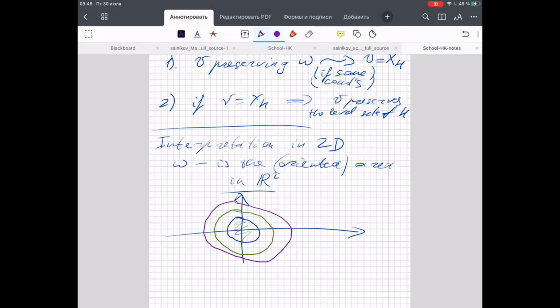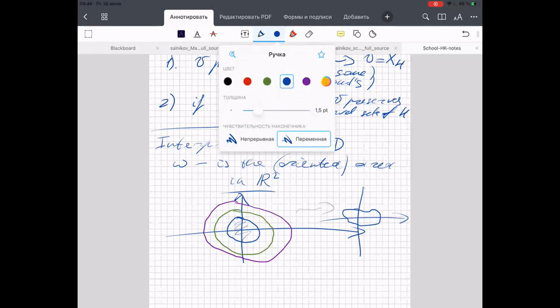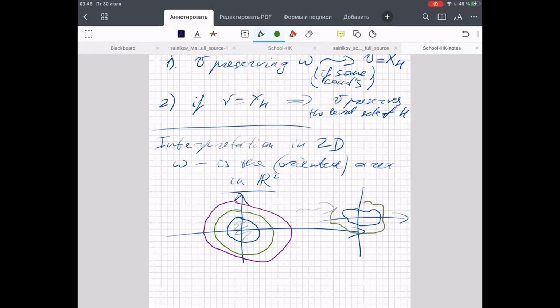So I will eventually somehow deform the picture. Well, I mean, it's already deformed enough. So I can have some dynamics, and for every region of this space, its image will have the same area.